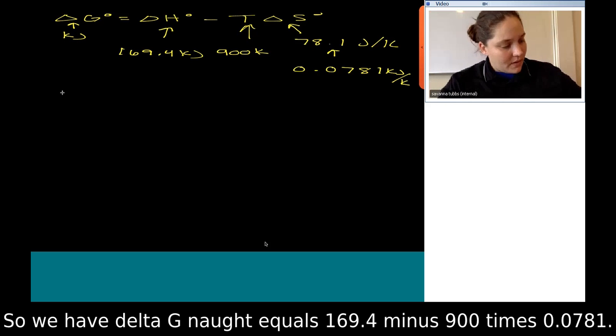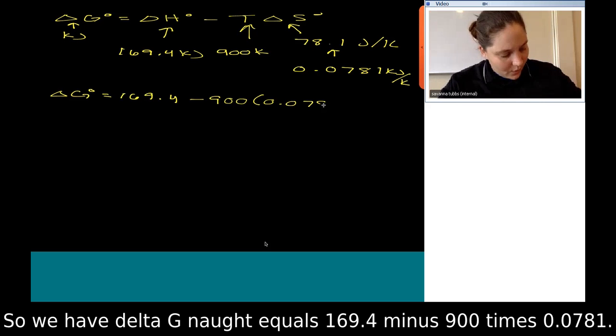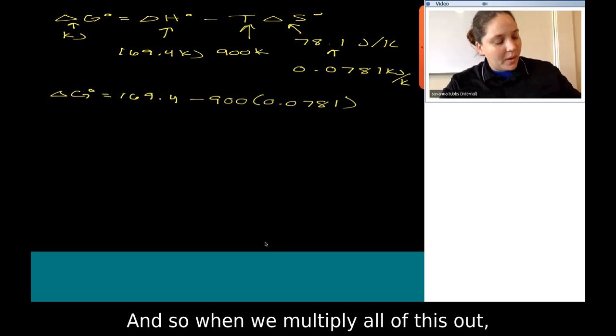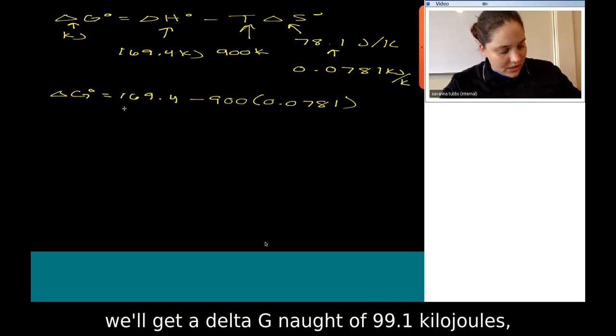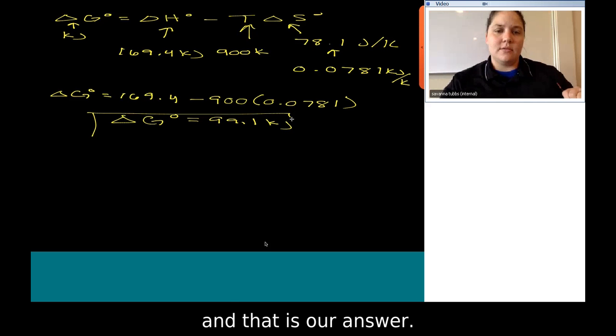So we have delta G naught equals 169.4 minus 900 times 0.0781. And so when we multiply all of this out, we'll get a delta G naught of 99.1 kilojoules. And that is our answer.